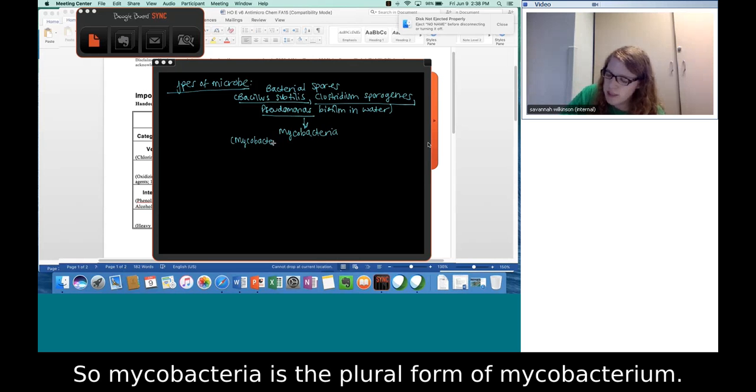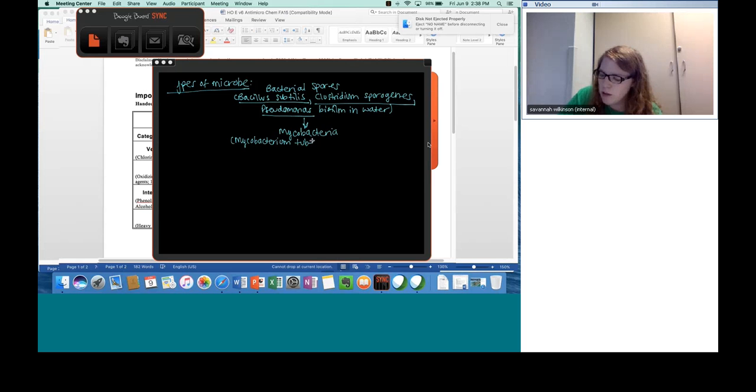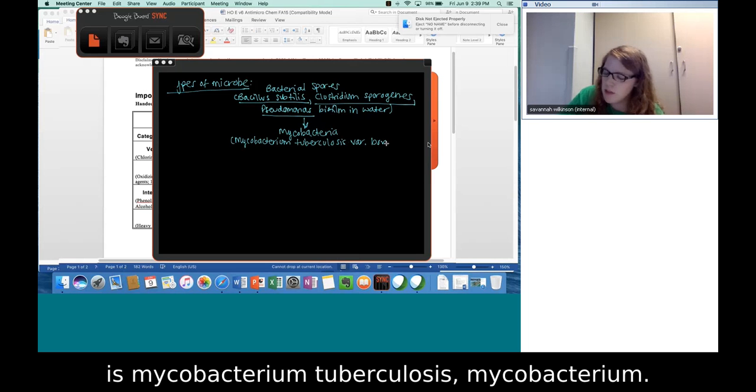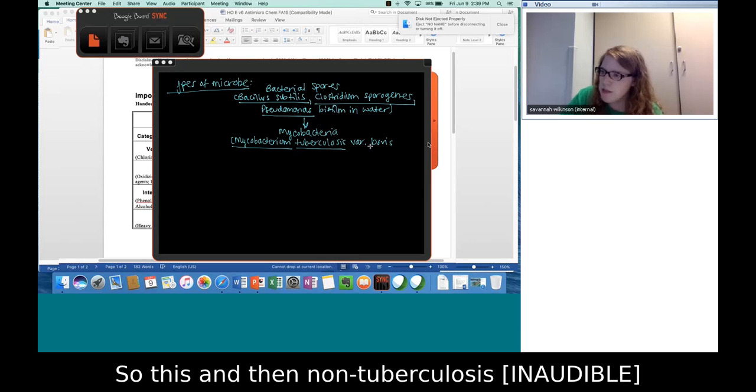So mycobacteria is the plural form of mycobacterium. Other variations are Mycobacterium tuberculosis, Mycobacterium bovis, and then non-tuberculosis mycobacteria.